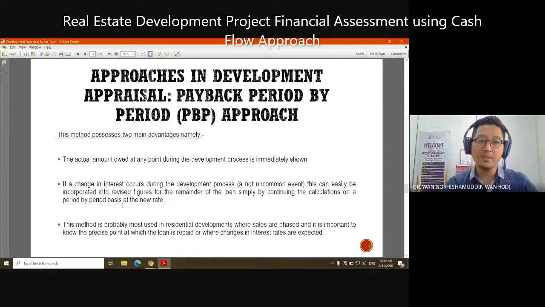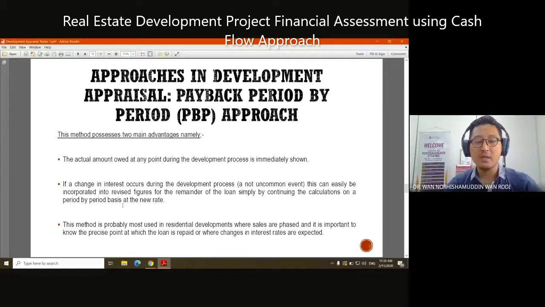Okay, this method possesses two main advantages. First, you may get the actual amount owed at any point during the development process. So let's say if you want to know the total debt in period 3, the payback period will provide that amount for you to refer to. Second, if a change in interest occurs during the development process, this can easily be incorporated.